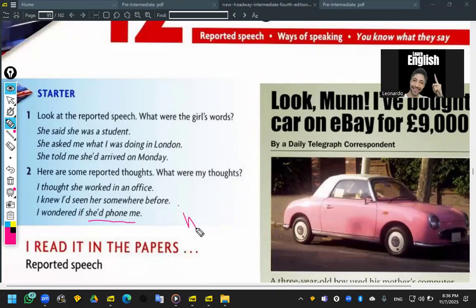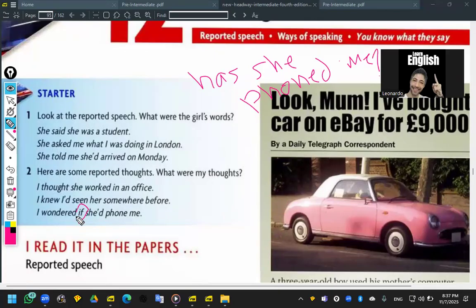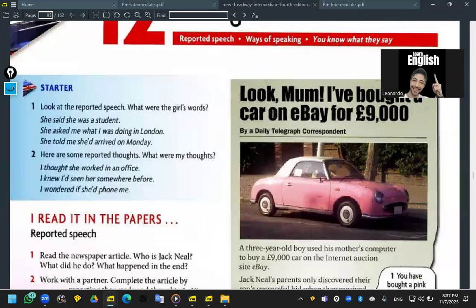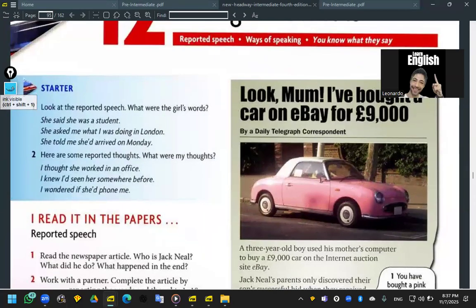Has she phoned me? Because this is a yes and no question, I have to write if. So this is about the original or direct words of these indirect words.